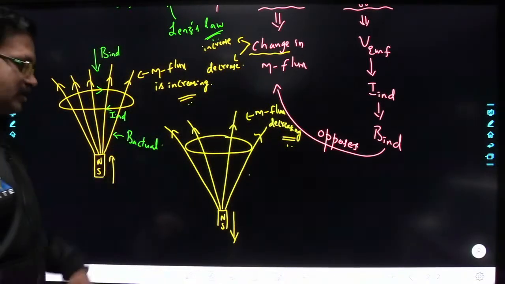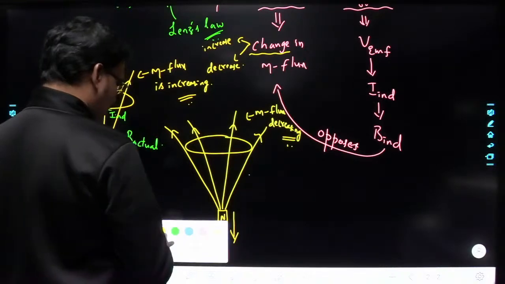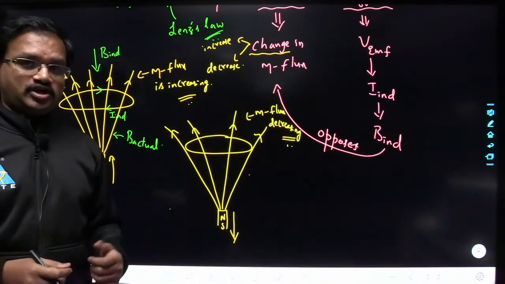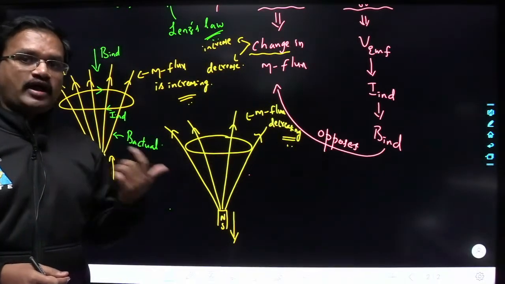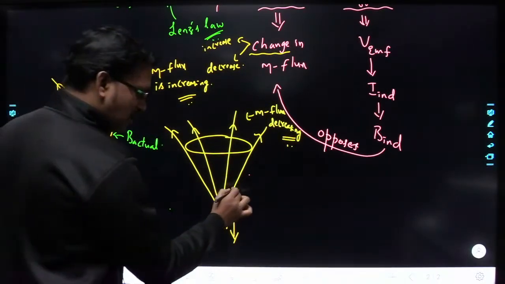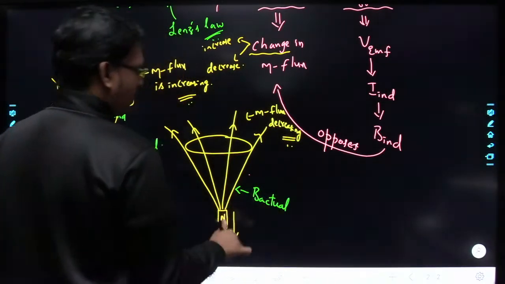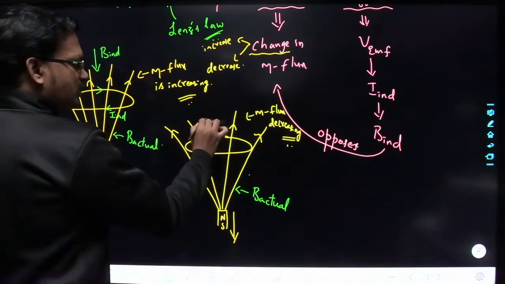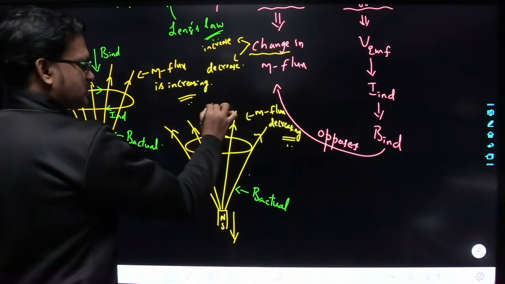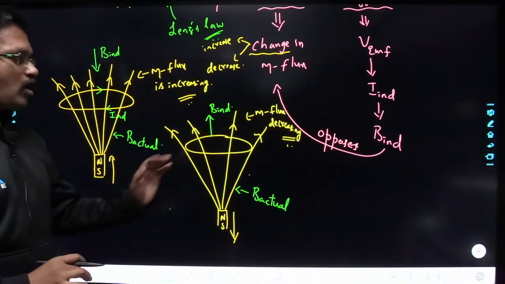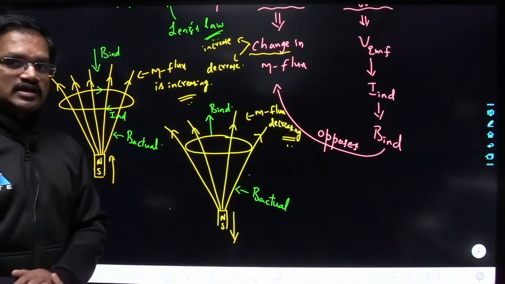So whenever the magnetic flux is decreasing, the induced magnetic field direction will be along the direction of the actual magnetic field. This is B actual, pointing in the upward direction. So here the induced magnetic field will also point in the upward direction. All this analysis we have done in the previous class itself.